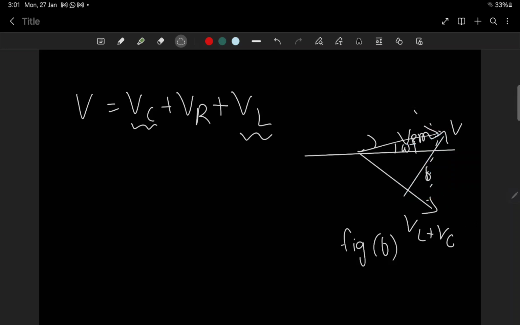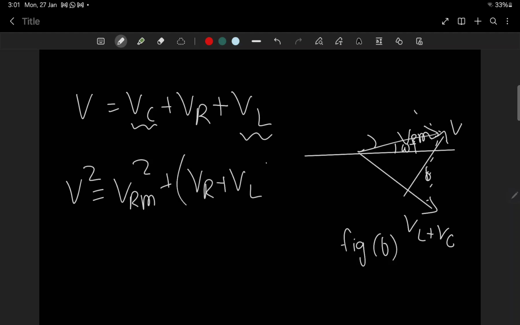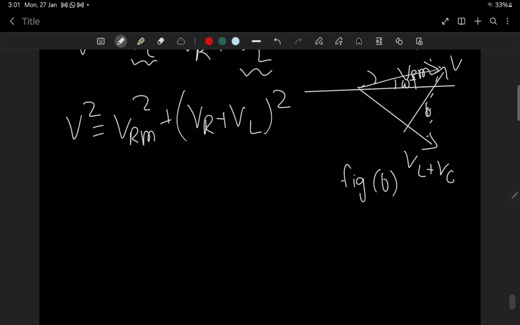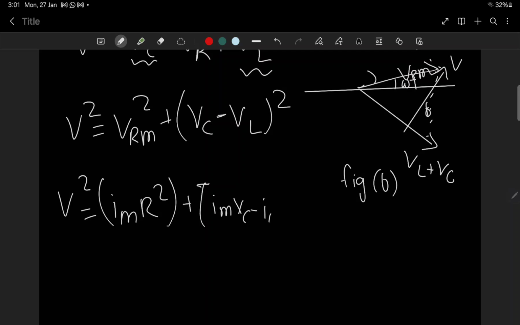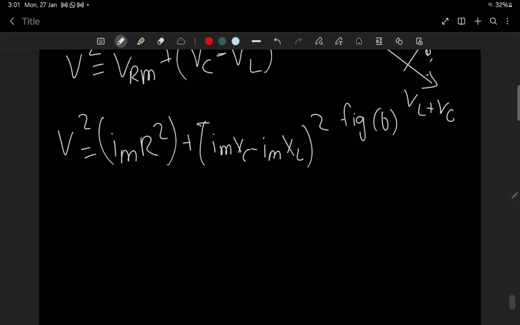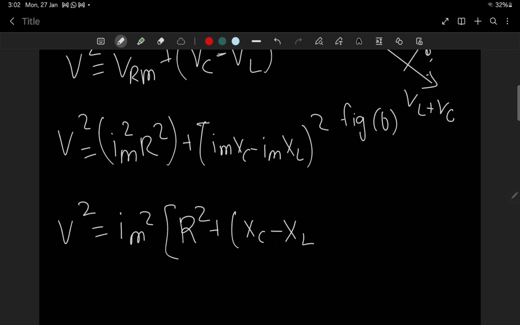So we get a right angled triangle. From the right angled triangle, what am I going to write? V square is equal to Vrm square plus Vc minus VL whole square. Substituting, Im R square plus Im Xc minus Im XL whole square. Therefore V square equals Im square into R square plus Xc minus XL whole square.